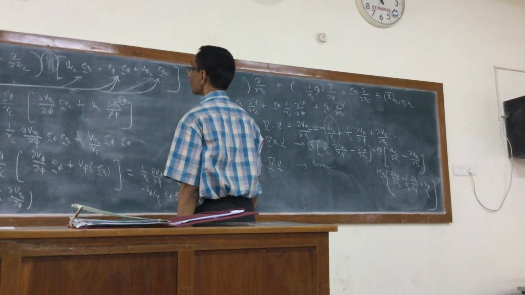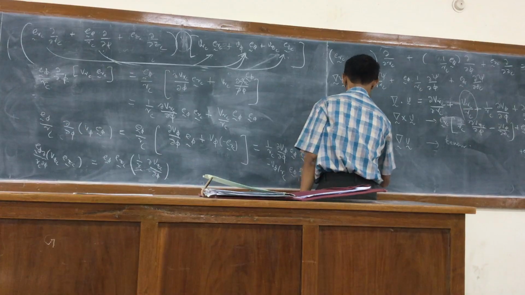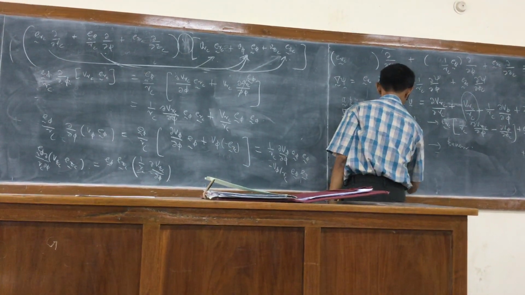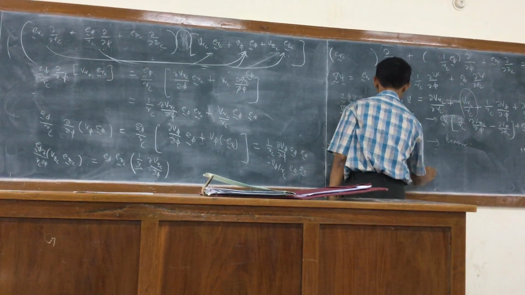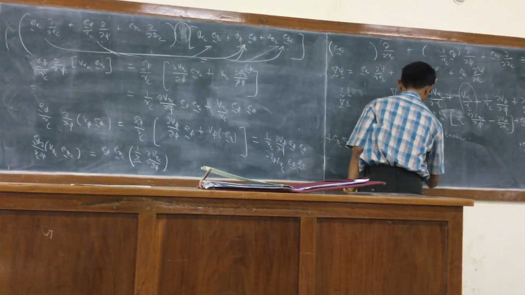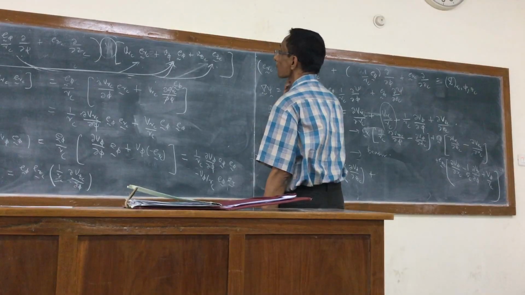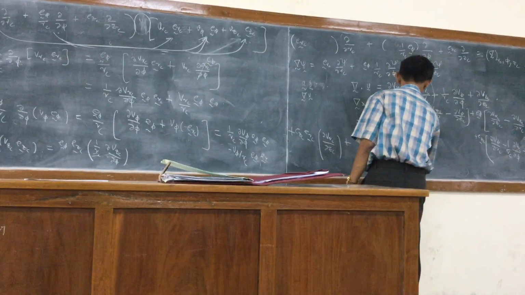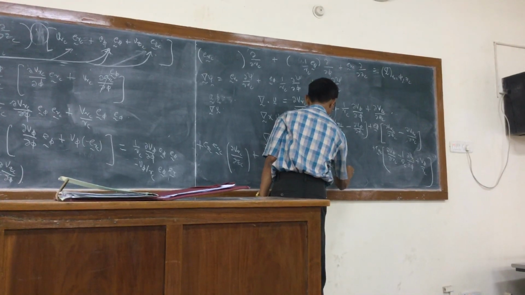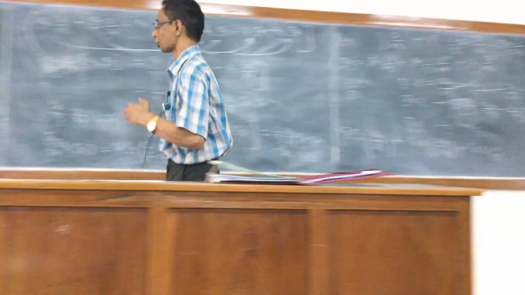Times dBRC by dZC plus EZC E phi times dB phi by dZC plus EZC times dBZC by dZC. So all of these will go into the last row, right?